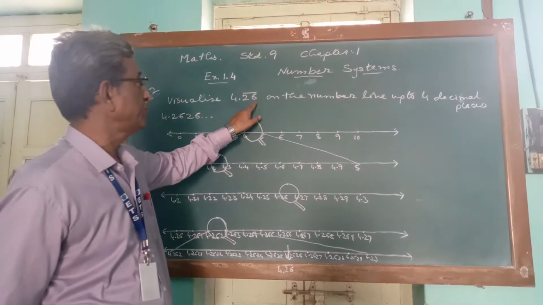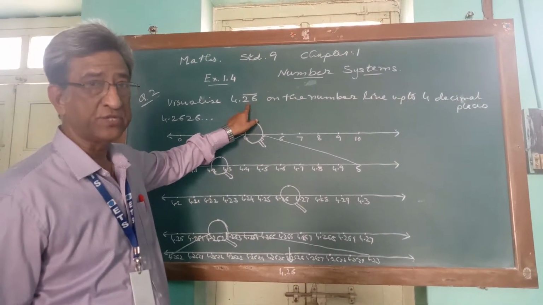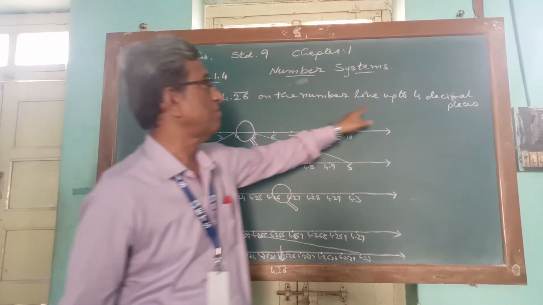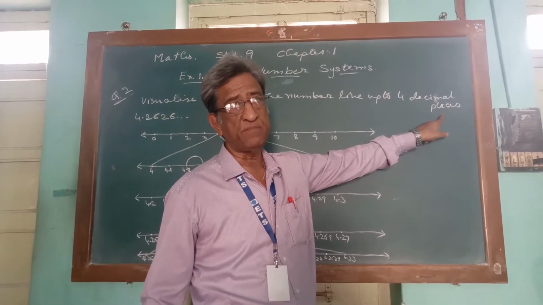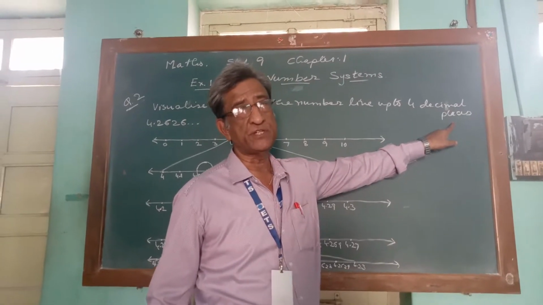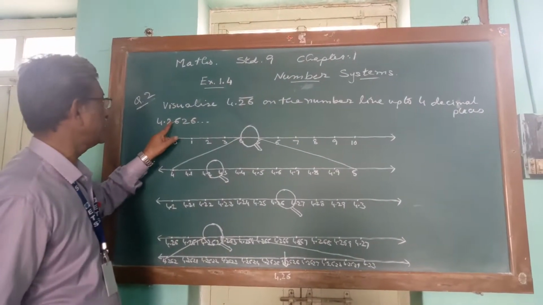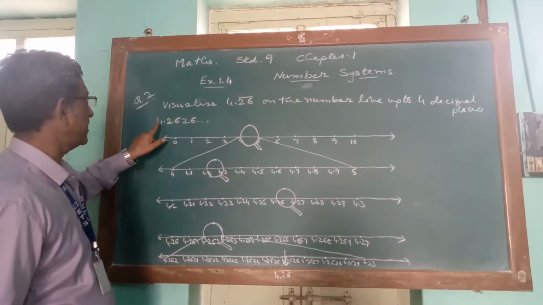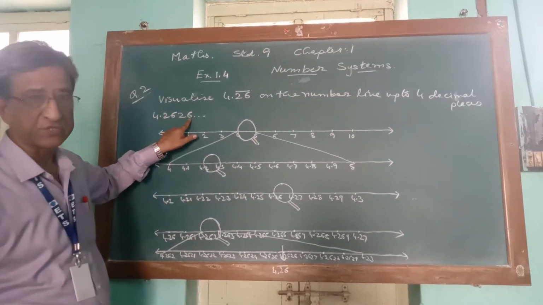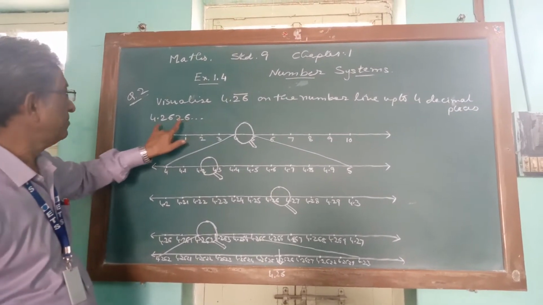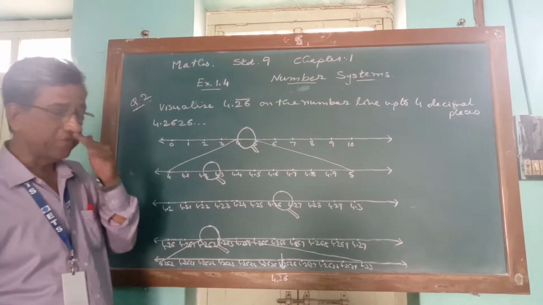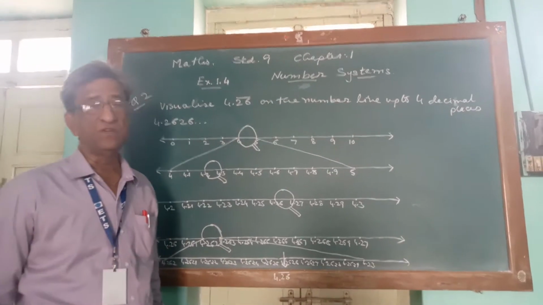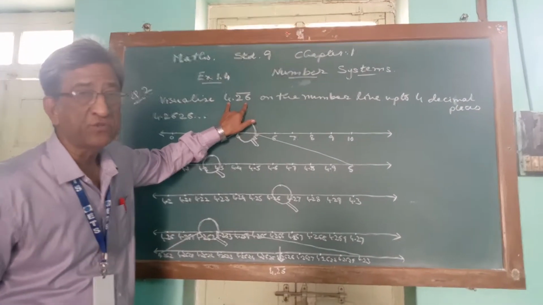Visualize 4.26 recurring, that is 4.2626, on the number line up to 4 decimal places. After the decimal point there must be 4 digits. Now we have to represent this on the number line. First of all you have to decide where 4.26 will lie.